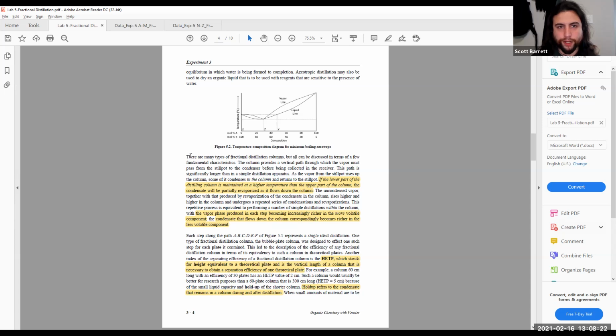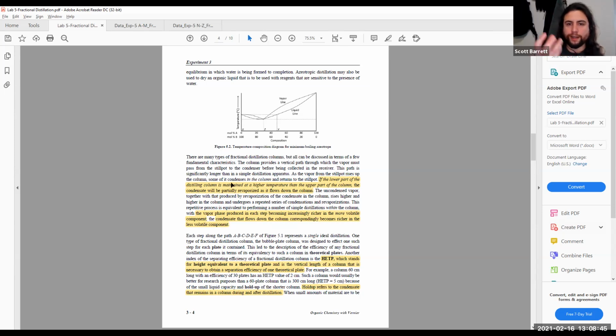So going forward into understanding more about fractional distillation, there are many types of fractional distillation columns. The most important part that I wanted to take from this is that if the lower part of the distilling column is maintained at a higher temperature than the upper part of the column, the condensate will be partially revaporized as it flows down the column.